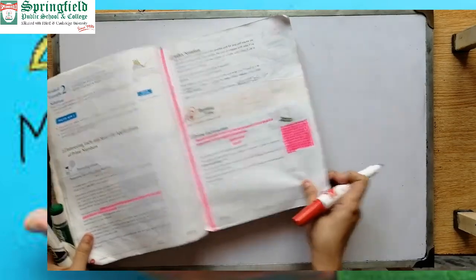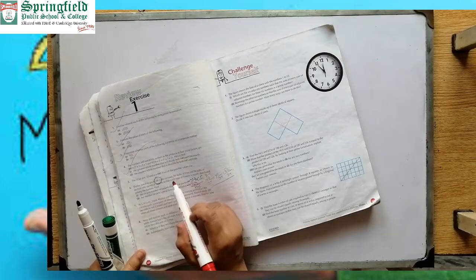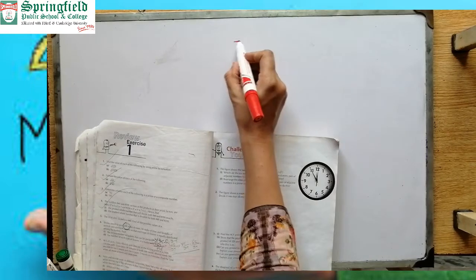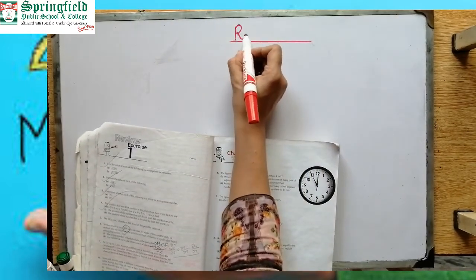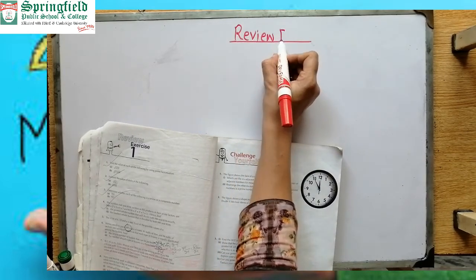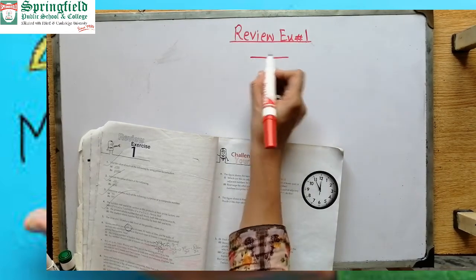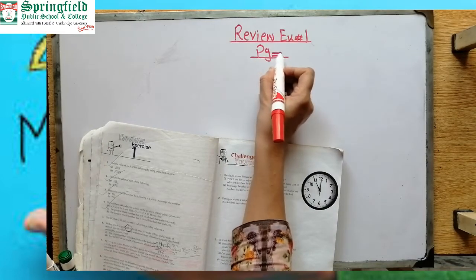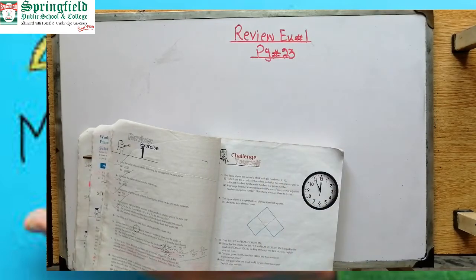We are doing chapter number 1, review exercise 1, page number 23. Fine. Okay, now we will start from question number 1.